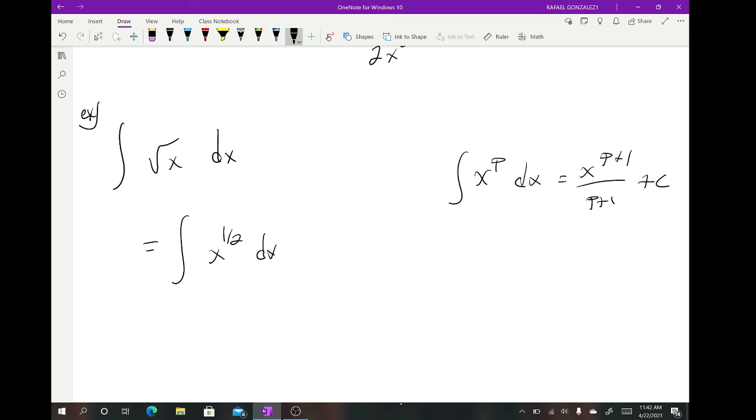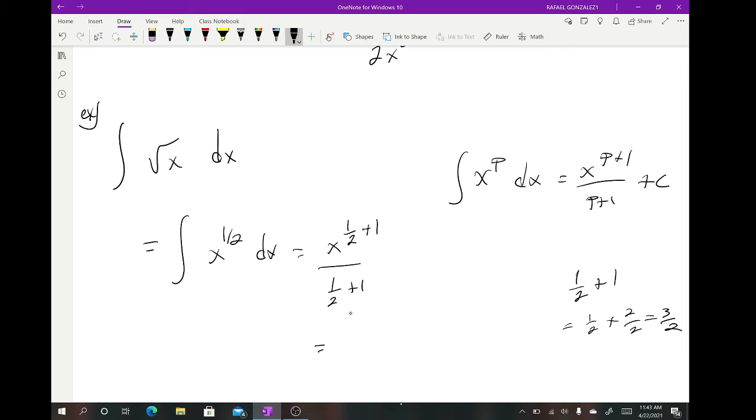And now this is of the form x to the p. Here p is 1/2, so we have x to the 1/2 plus 1, divided by 1/2 plus 1. Now 1/2 plus 1 is the same thing as 1/2 plus 2 over 2. Remember, to add fractions you need the same denominator. So that is 3 over 2.